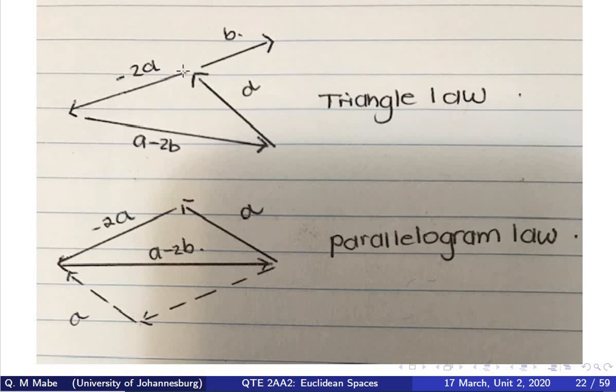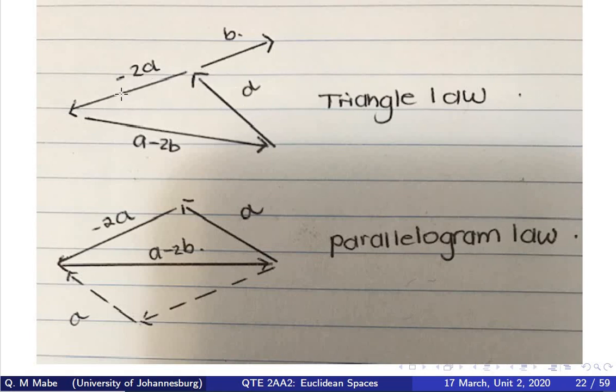As you can see, negative 2B is larger than B, twice as large. By visual inspection, you can see that it's large, right? And our vector A is here, right?